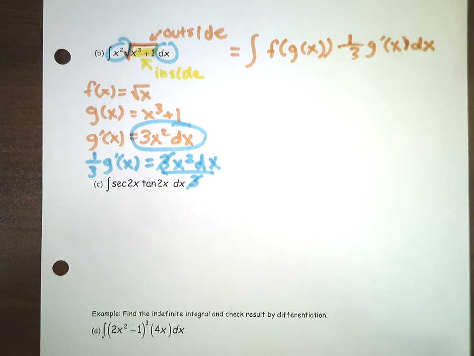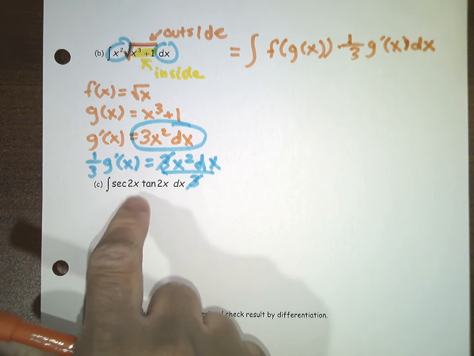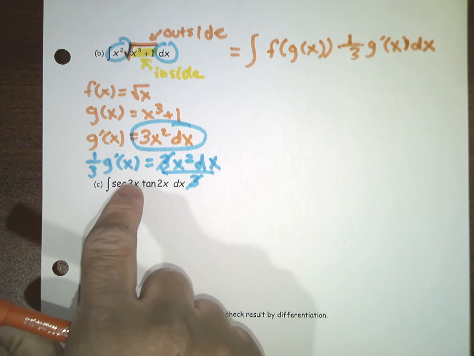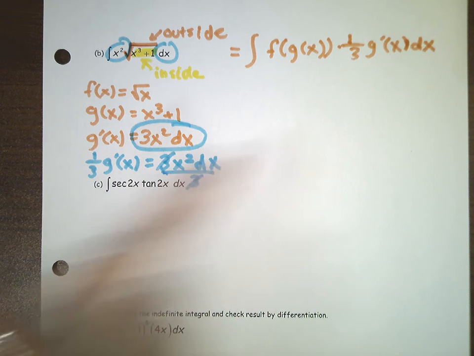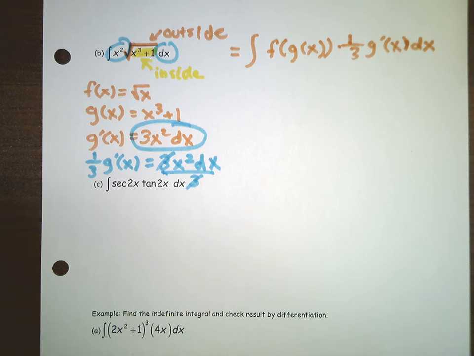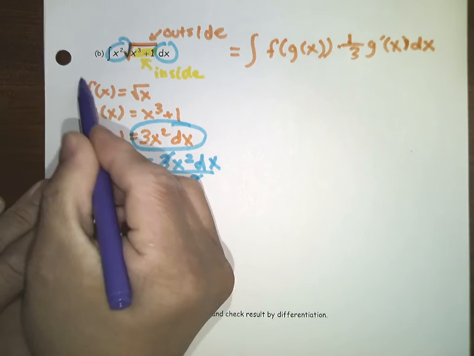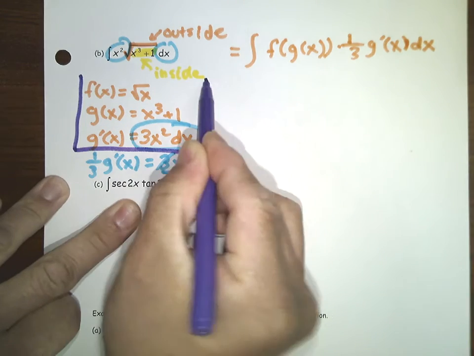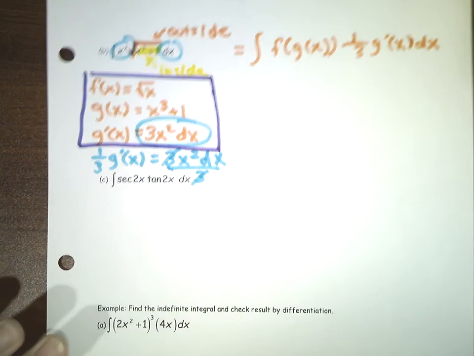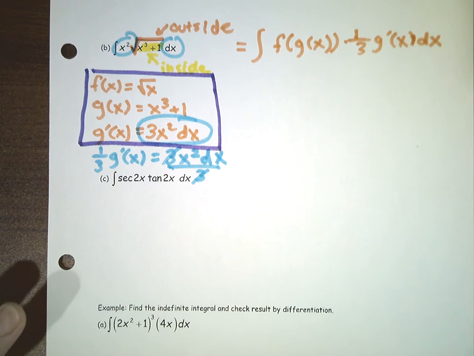So try to see that we had to end up having a 1/3 here that we didn't have in the problem before. So this would be the answer for this one, identifying the f of x, the g of x, and the g prime of x.